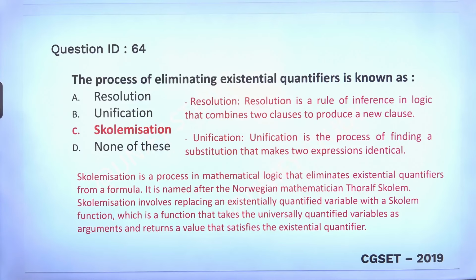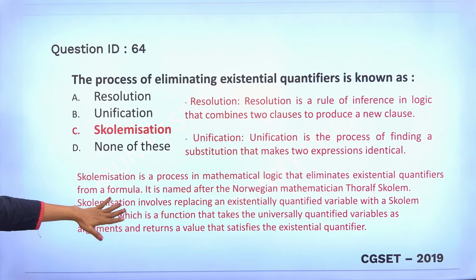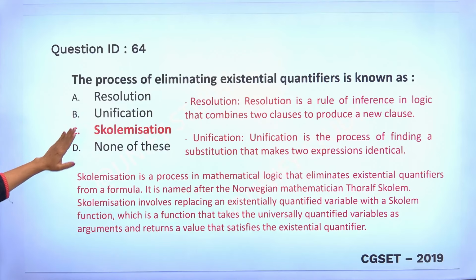Skolemization is a process of mathematical logic that eliminates existential quantifiers from a formula, named after a mathematician who invented it. The main thing is that it is removing, eliminating the existential quantifier. Resolution is a rule of inference in logic, and unification is the process of finding a substitution that makes two expressions identical.